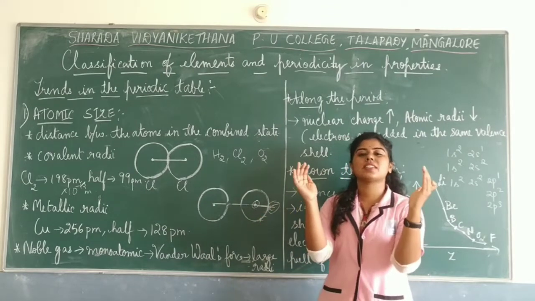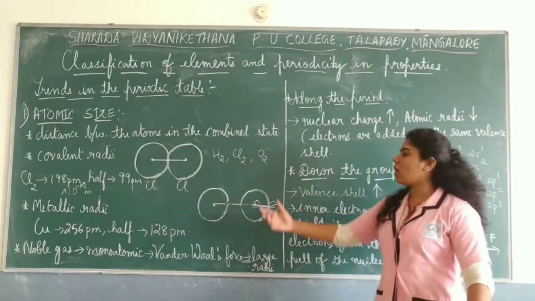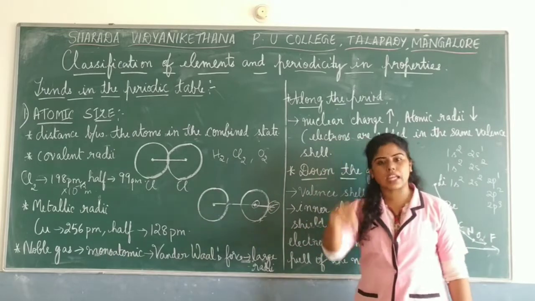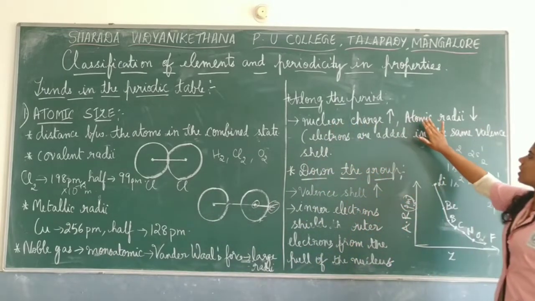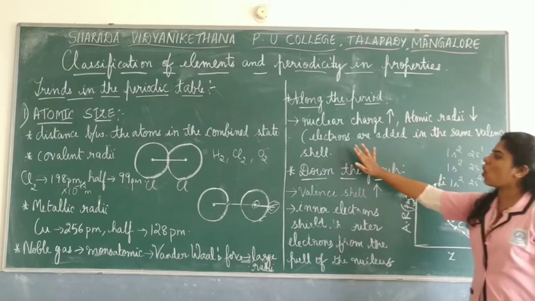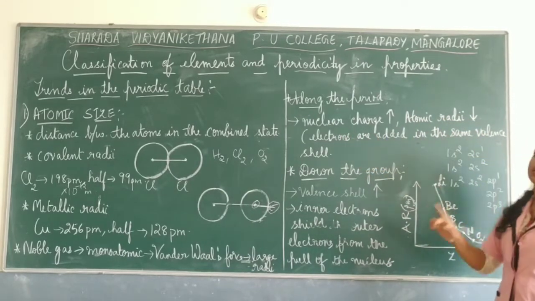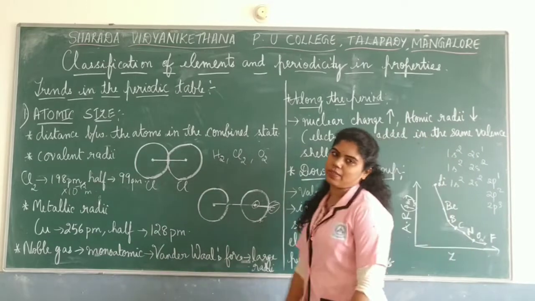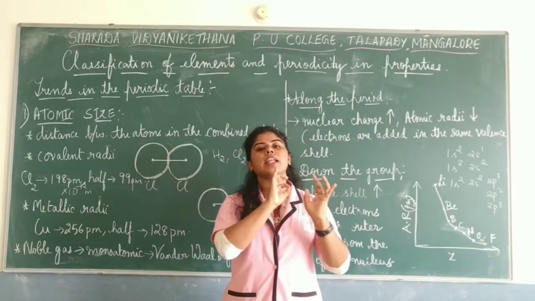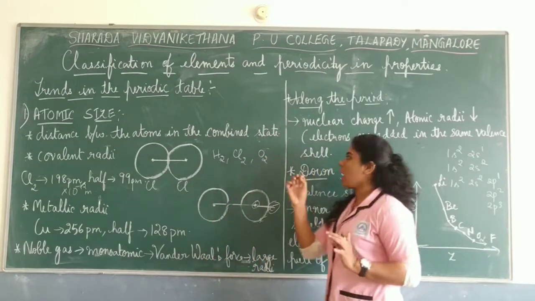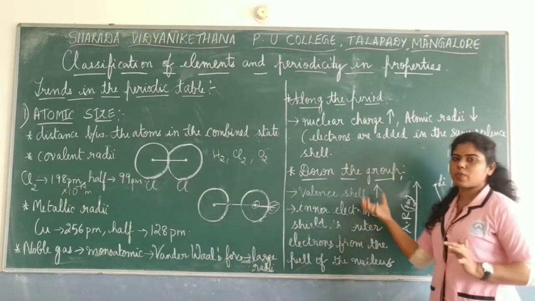So the size shrinks. So what happens to the atomic radii? It decreases. Hope this is clear. So nuclear charge increases, atomic radii decreases because the electrons are being added in the same valence shell. Very nice. If you imagine this, then you can easily write down the answers. So please make points of this, very important.